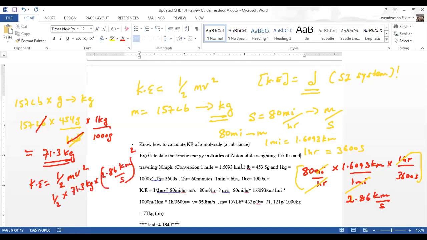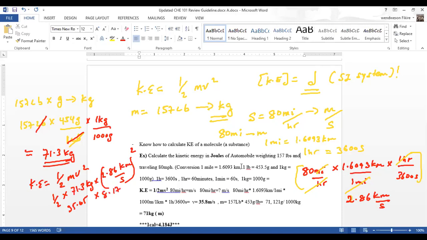Don't forget to use your calculator. 71.3 divided by 2 is 35.65. 2.86 squared, that means you multiply 2.86 times 2.86, that gives you 8.17.